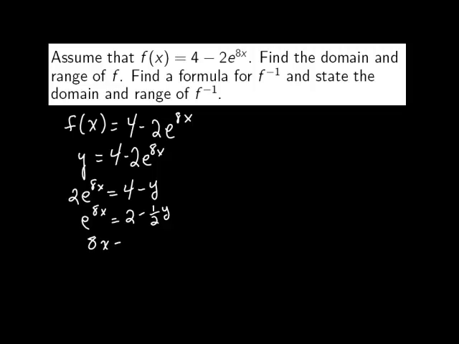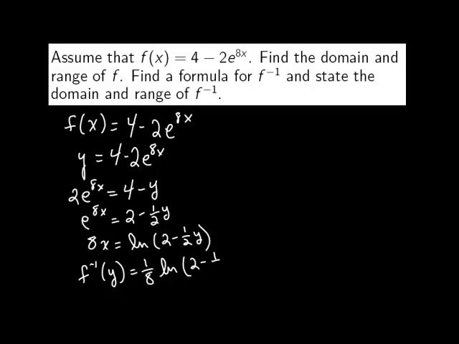So 8x equals the ln of 2 minus 1/2 y. We need to divide both sides by 8, and the inverse function will be f inverse of y equals 1/8 times the ln of 2 minus 1/2 y.